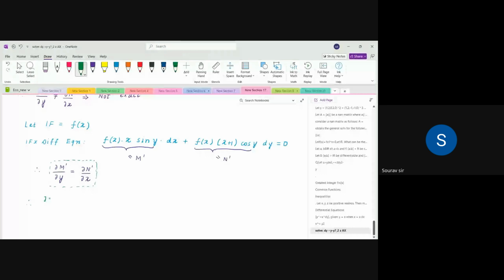So now try to work out these partial derivatives. What is my del M dash by del y? And what is my del N dash by del x?